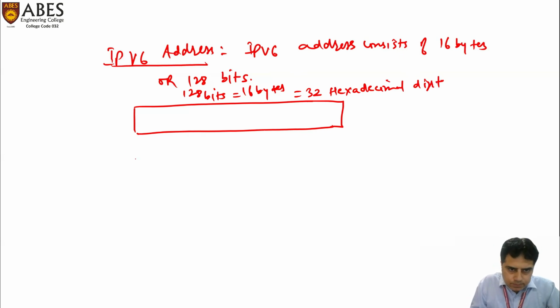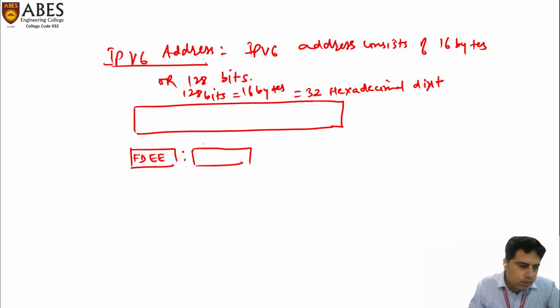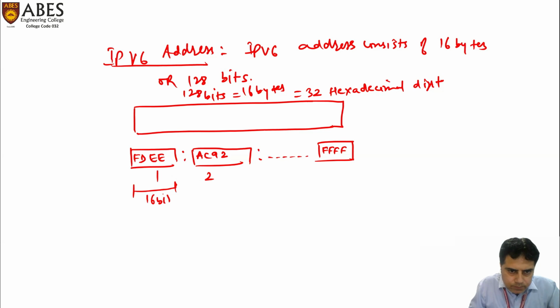For example, there is one block FDEE colon. We differentiate the blocks through the colon symbol, then AC92 colon, and these are total 8 blocks, up to FFFF. Each block is of 16 bits, total 8 blocks.